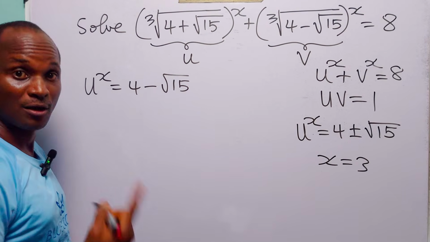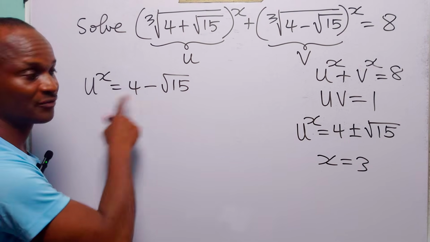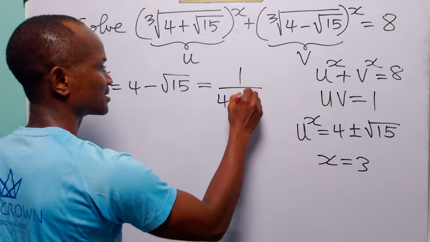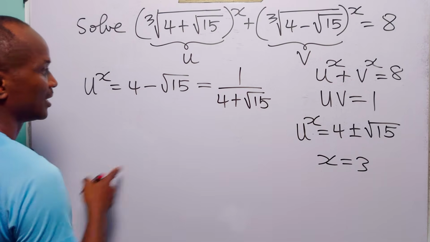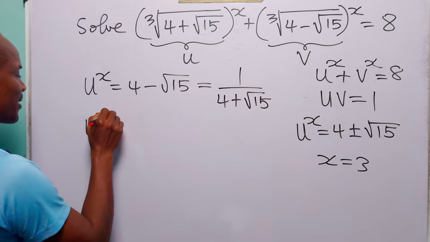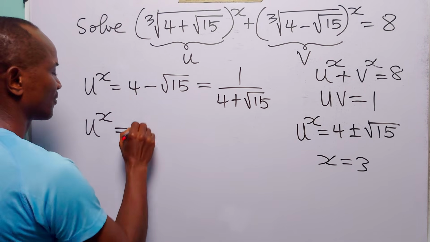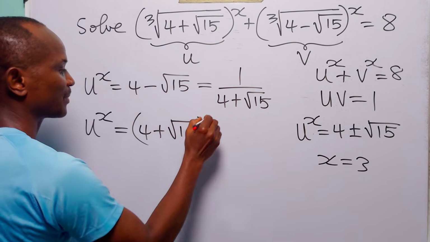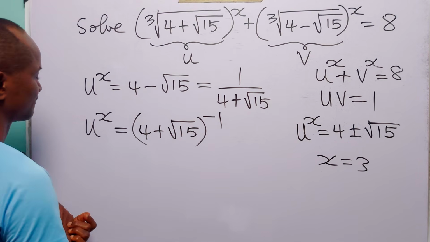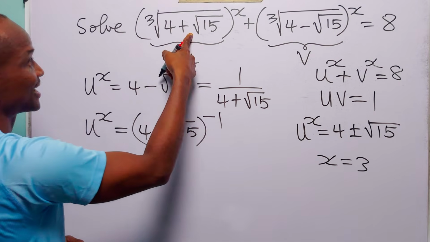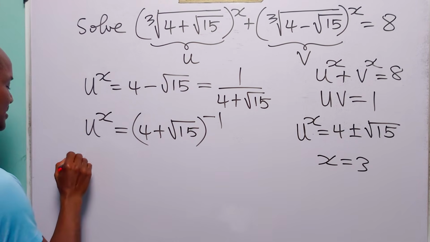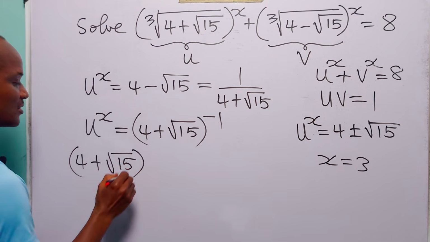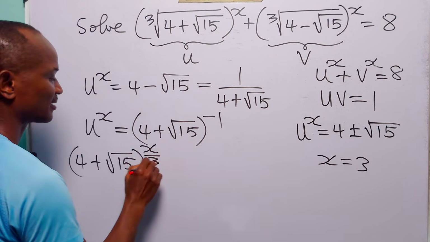And in the second case, we have that u to the power x is equal to 4 minus root 15. But of course, you know that 4 minus root 15 is equal to 1 over 4 plus root 15. So we have that u to the power x is equal to 4 plus root 15 to the power minus 1. Once more, this is exactly what we have here, which we can write as 4 plus root 15 to the power x over 3.